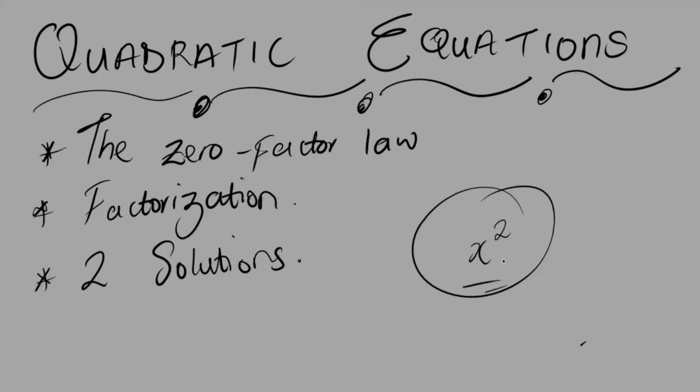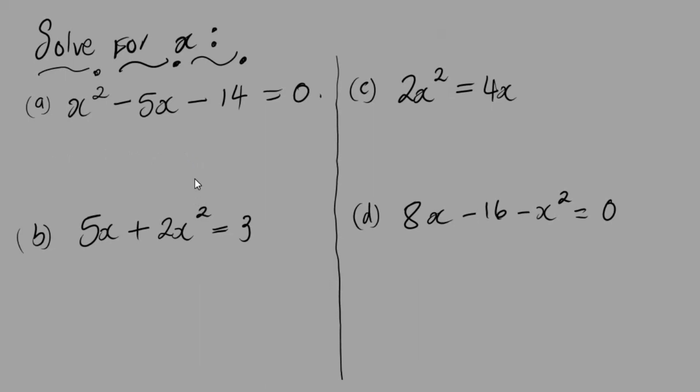Okay, so now let's move on to the questions. I don't want to waste time on these ones now because it's revision, of course. So I've prepared some questions for you, for this video, let me say. And those questions here, you have this kind of problems. As you can see, in all these 4 questions, the highest exponent is 2. So since the highest exponent is 2, the most basic thing that you have to do here is to factorize.